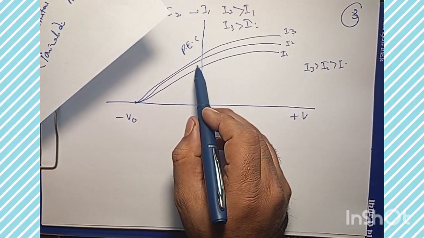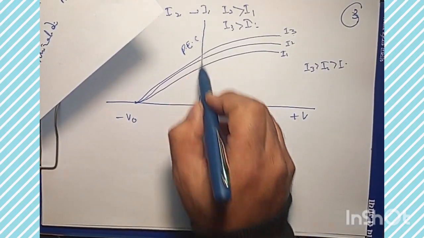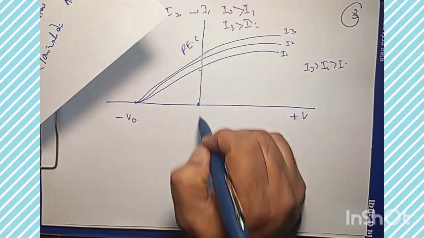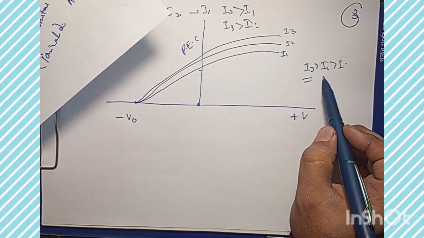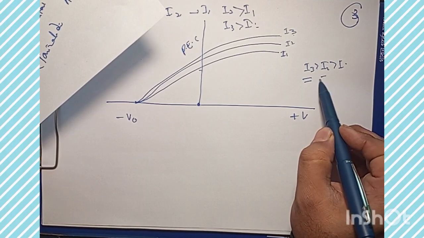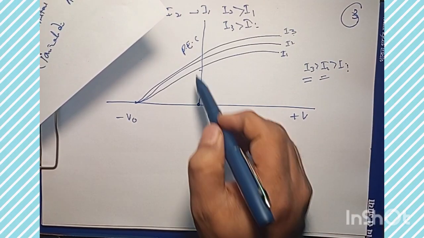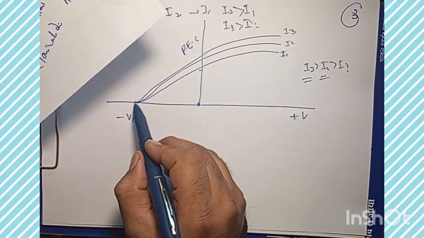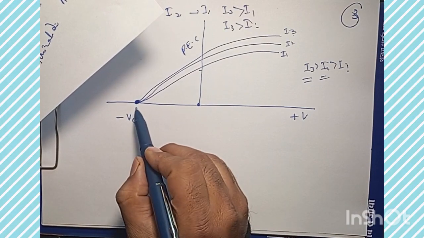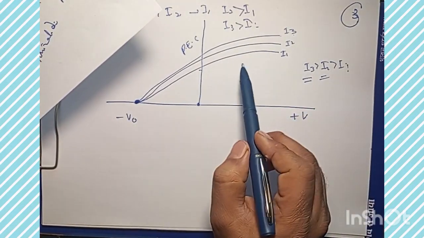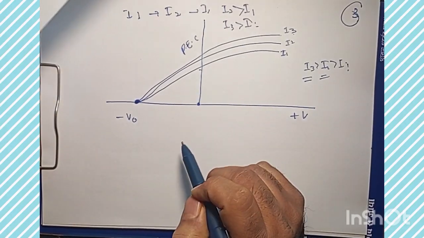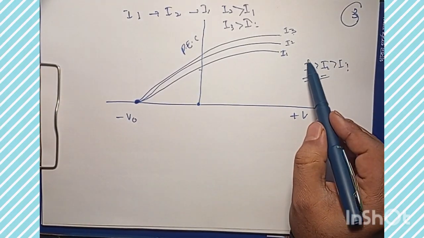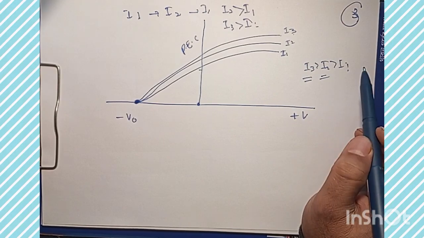Even though the magnitude of photoelectric current for I3 is more, and for I2 is more than I1, what is strange here is that we find that the stopping potential for all the cases is the same, in the case in which I3 is greater than I2 is greater than I1.